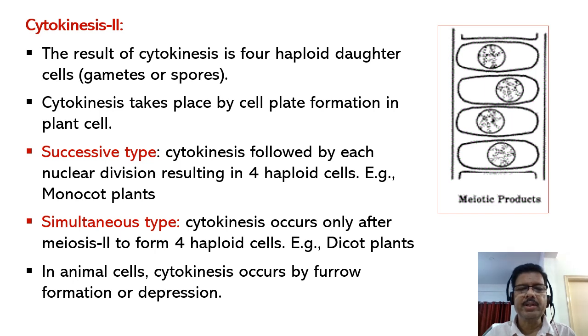One is the successive method, where cytokinesis follows each nuclear division, resulting in four haploid cells, for example in monocot plants. Whereas in the other type, the simultaneous method, cytokinesis occurs only after meiosis II to form four haploid cells, and the examples are dicot plants. But in animal cells, cytokinesis occurs by furrow formation or depression.